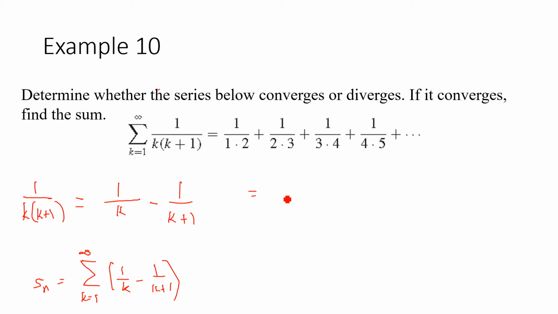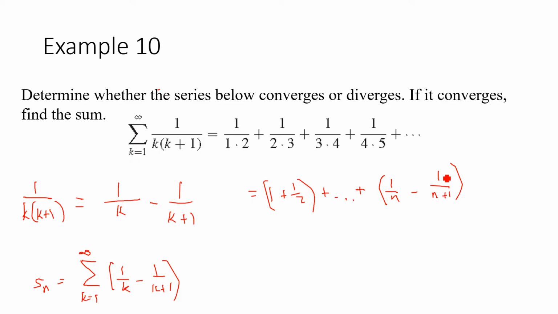That would be the same as, you could have 1 plus 1/2, and so on. Then to conserve the space, you could have 1 over n minus 1 over n plus 1.